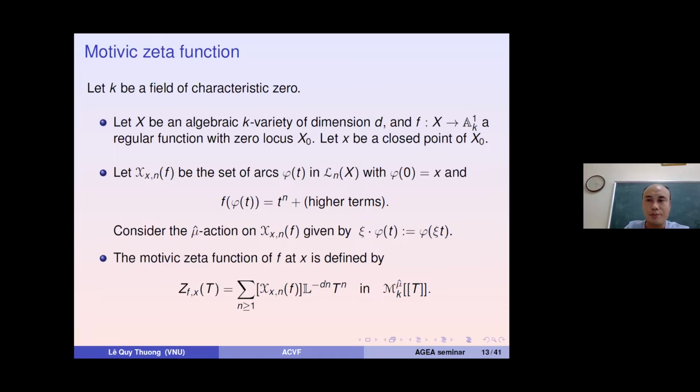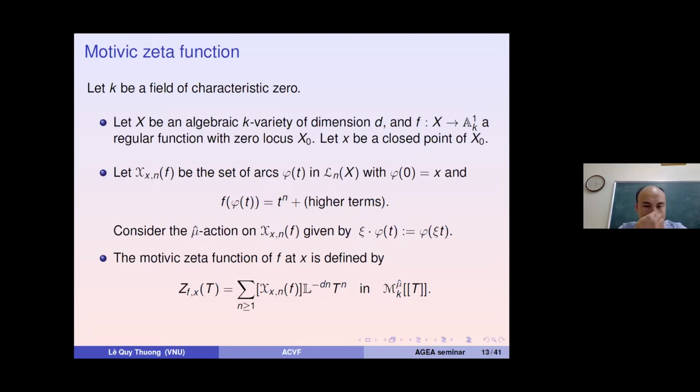For any closed point of X0, we can consider the variety X_n,f, which is the set of arcs phi in L(X) such that phi(0) is x and satisfying the condition f(phi(t)) equals t modulo t to the power n plus 1.